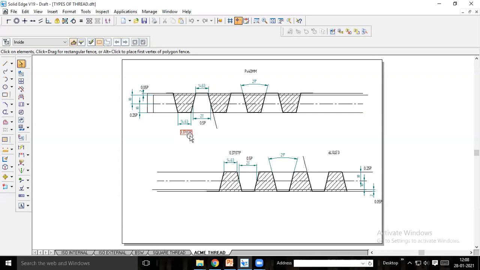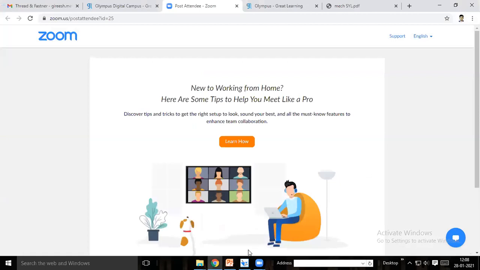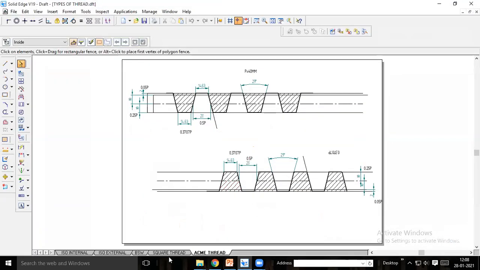It is 0.3707 P. Whatever P is given for the present problem, I have taken P as 40. You need to remember this formula. Without this formula, you cannot do it. Remember this formula, 0.3707 times P, and draw a flat line over the profile where you need to create a drawing.